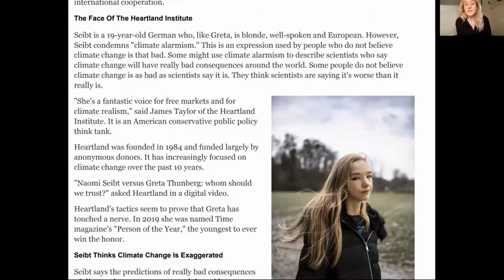Some people do not believe climate change is as bad as scientists say it is. They think scientists are saying it's worse than it really is. She's a fantastic voice for free markets and free climate realism, says James Taylor of the Heartland Institute. It is an American conservative public policy think tank.